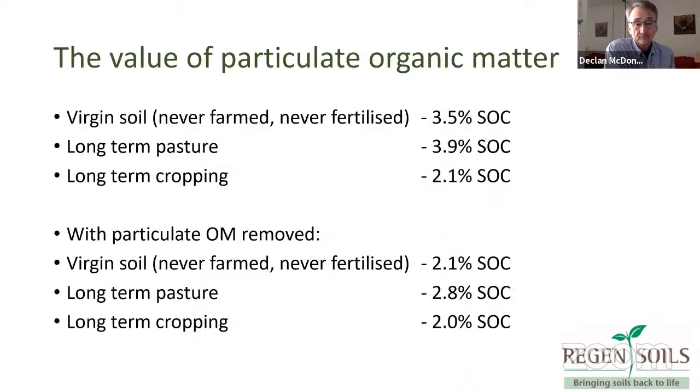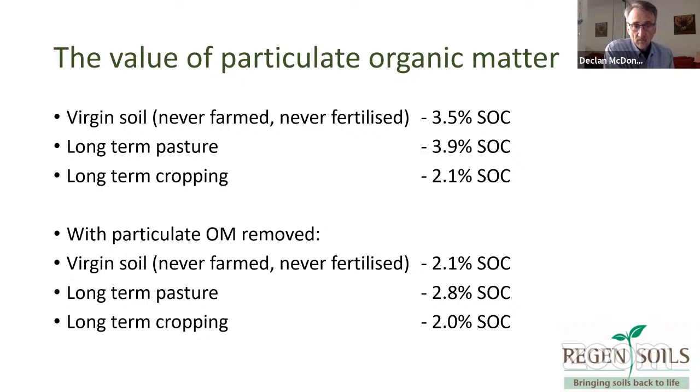Go again. Okay, and this was some separate work that was done also by Clive Kirkby of CSIRO. And they looked at virgin soil that was never farmed, never fertilized, and these are New South Wales soils, that had a soil organic carbon level of 3.5, long-term pasture 3.9, and long-term cropping of 2.1. They're able to basically burn off the particulate organic matter to see what remains.